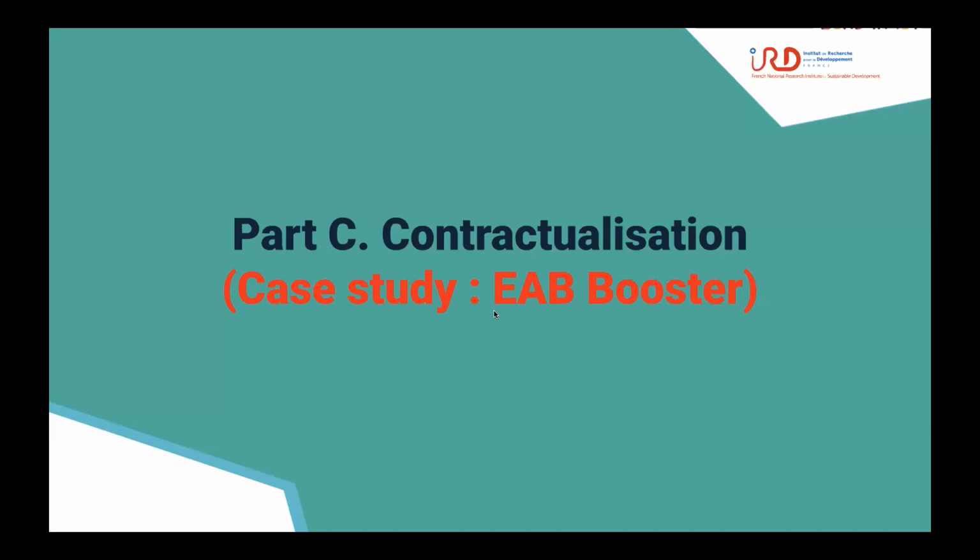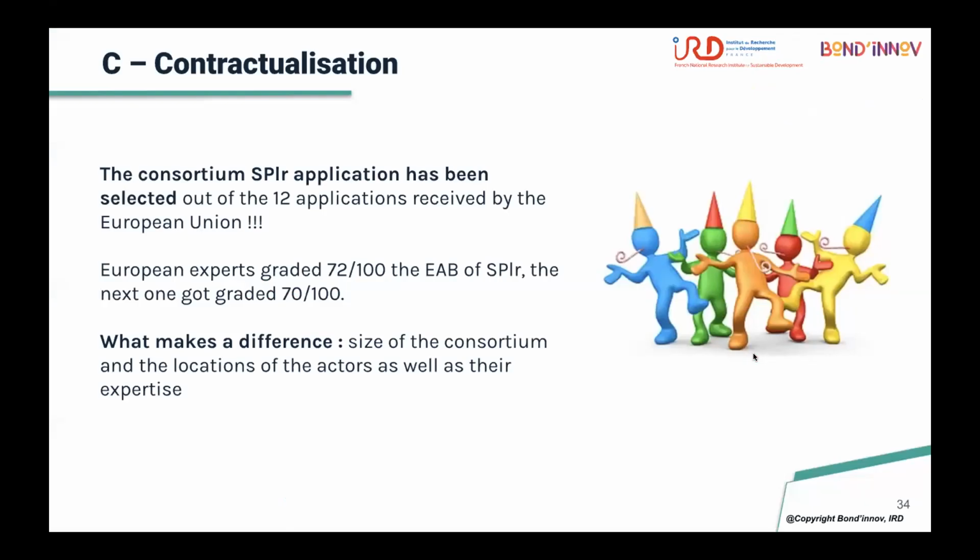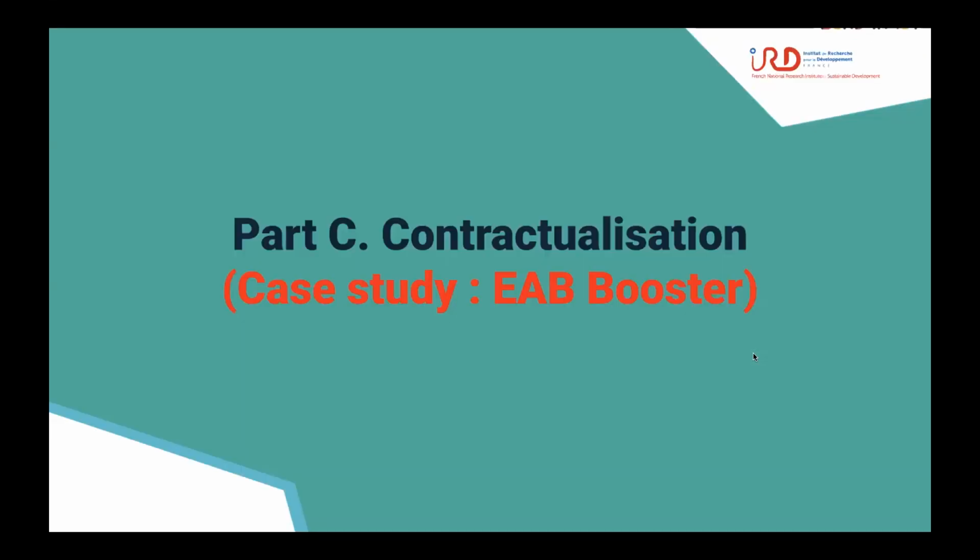Finally, you decide to go. Who will help you have all the skills that will help you respond? Module 4 helps you understand you can go for a consortium to have all the skills that are required to fit the answer to the call for projects. So this is the relationship you can make.